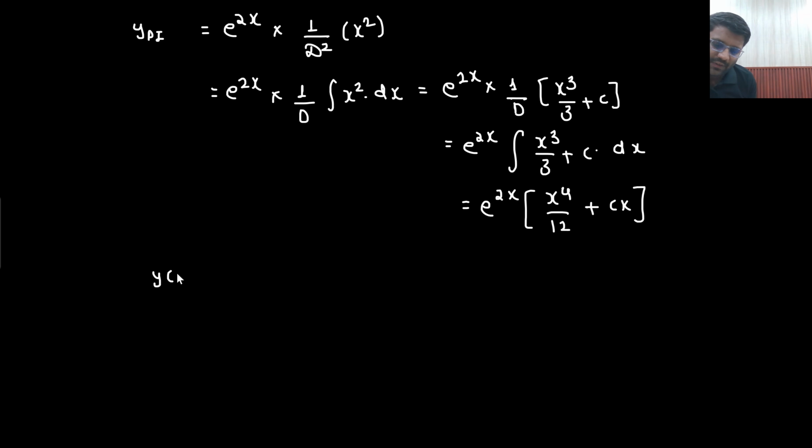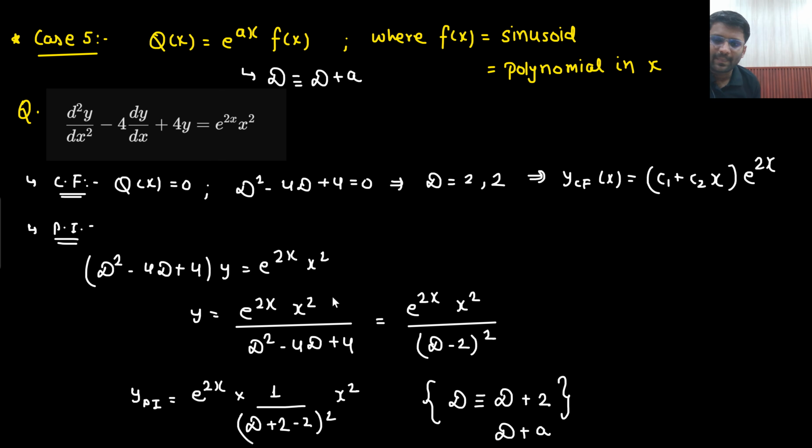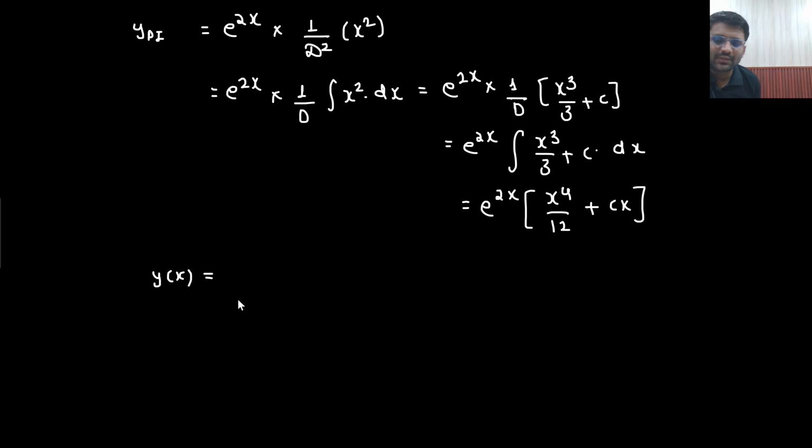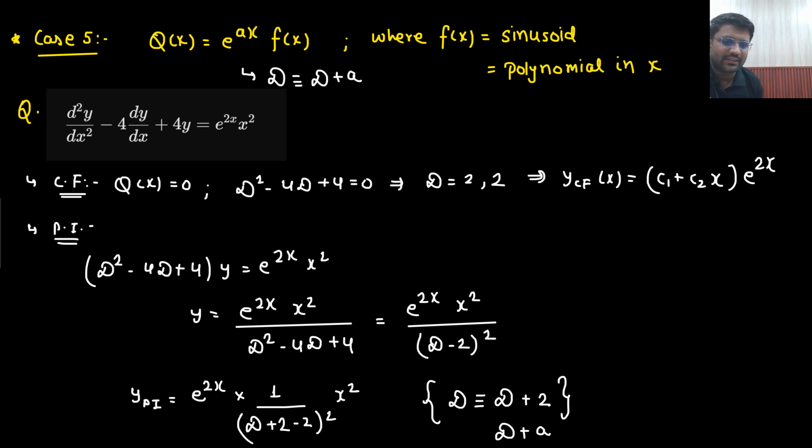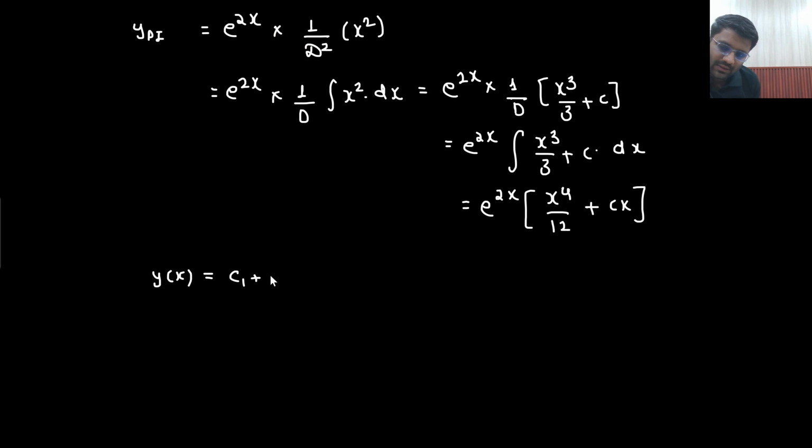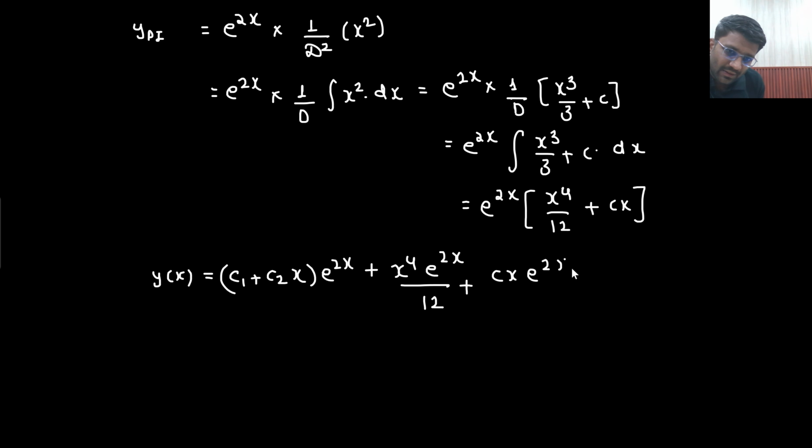Y as a function of x, first I am getting e to the power 2x multiplied with, sorry, c1 plus c2x, c1 plus c2x e to the power 2x plus x to the power 4 e to the power 2x by 12 plus cx e to the power 2x. There you go. This is your y of x.